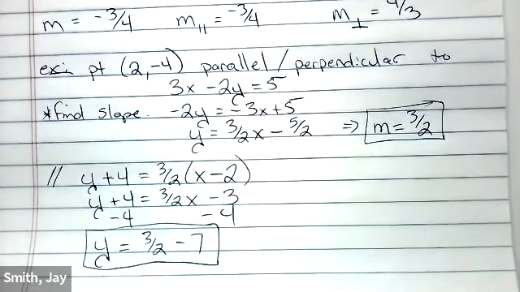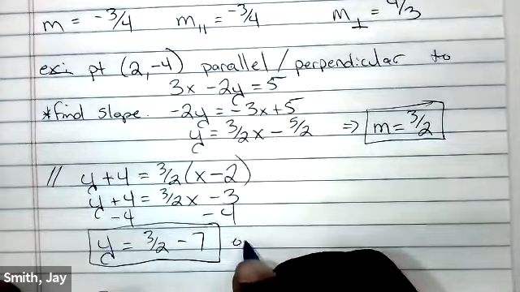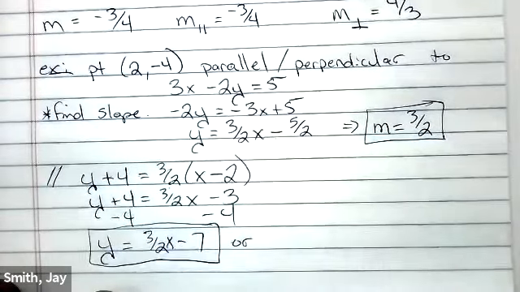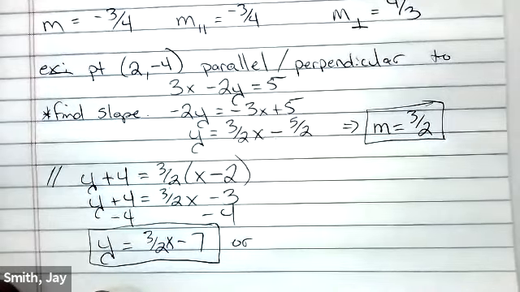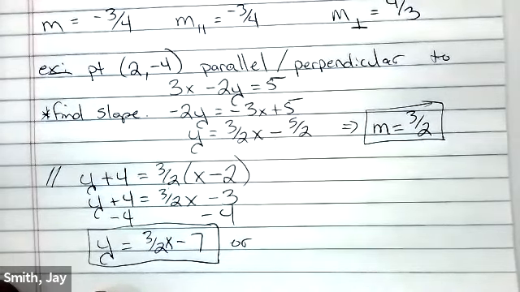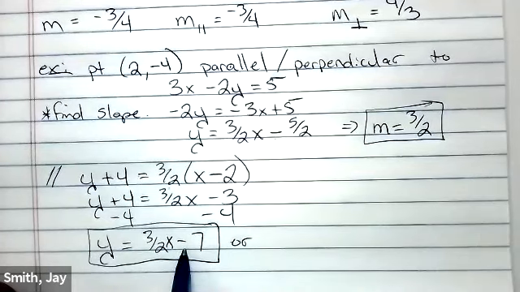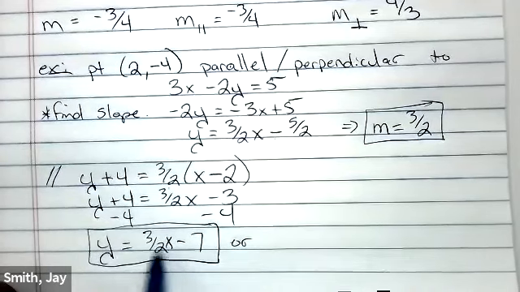Now another way of writing this, we want to write this in standard form, just manipulating the equation. Oh, I forgot to write it, I see 3/2 x, we didn't write it. Or in standard form, we're going to move the y over with this 3/2 x, keeping it positive, and move the 7 over.